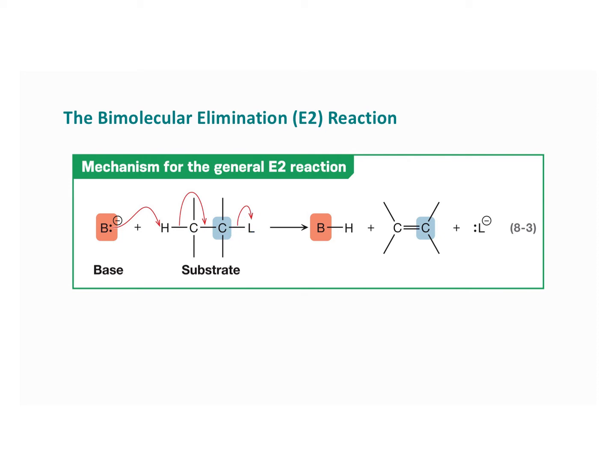group. I want you to notice the base is not attacking the carbon with the leaving group. It's attacking the carbon next door. Okay? So when we look at this, we see that we have the 2 carbons here and we've formed a new double bond. Now understand, we can also form a triple bond, okay? So one of the big differences here between substitution reactions and elimination reactions is that elimination reactions change the bonds, right?